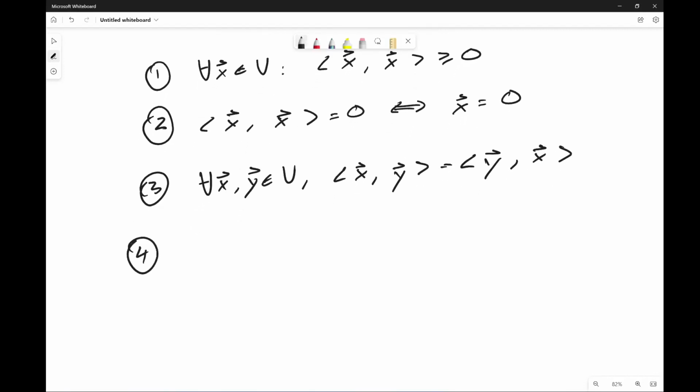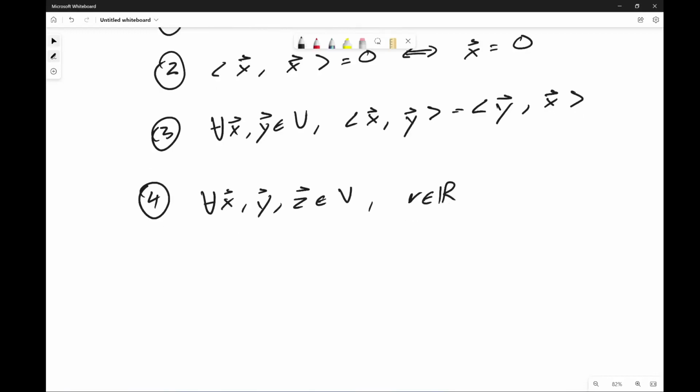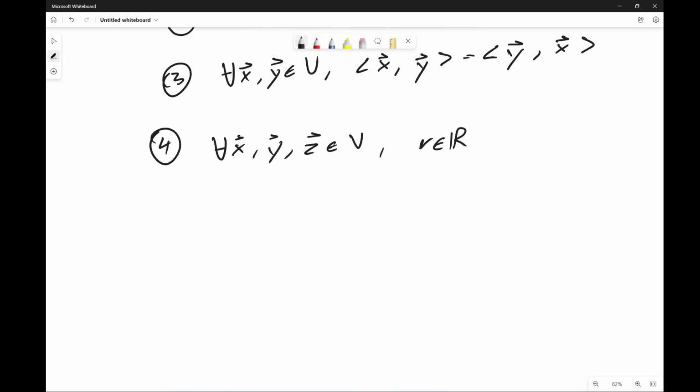And the fourth one, which is for all x, y, and z that are in this vector space, and we have some r that belongs to real numbers. This property is quite interesting because we often do not think of splitting products up like this, but the inner product is actually a bilinear map.